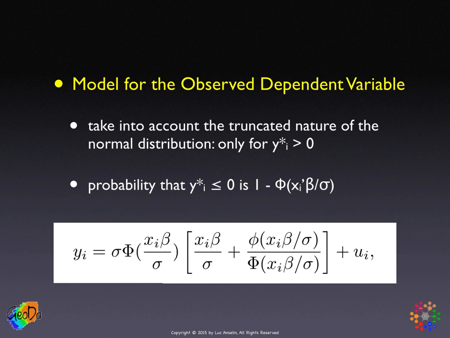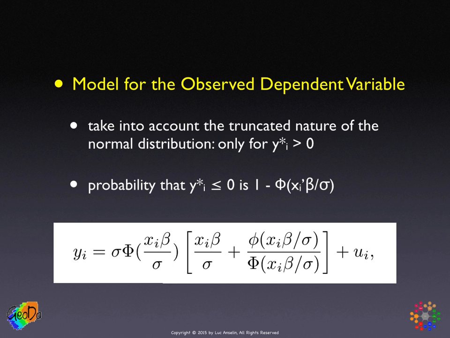And then for the observed y sub i, we have this complex expression on the slide, which only remotely resembles a linear regression, but it is because of the truncated nature of the normal distribution. Sigma is the standard error of the error term u sub i. It's not 1, in contrast to the Probit. We have the cumulative standard normal distribution, phi, and then we have the density of the standard normal.